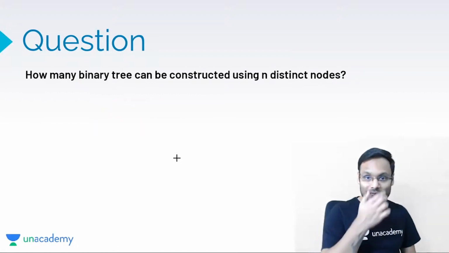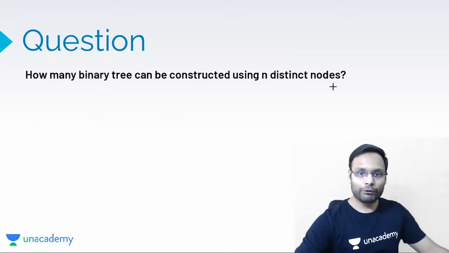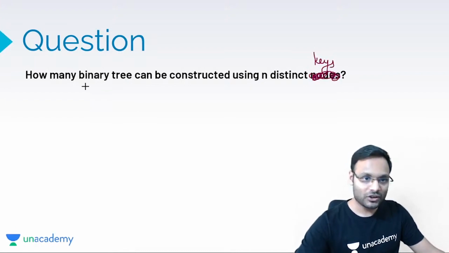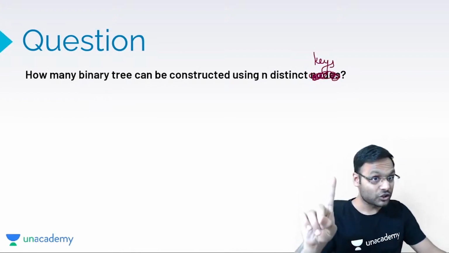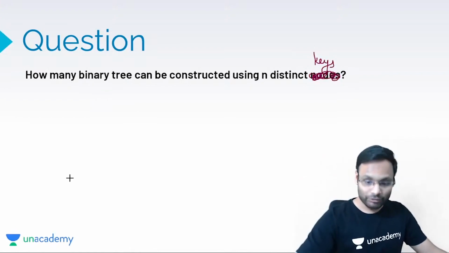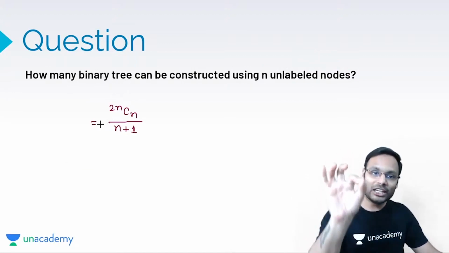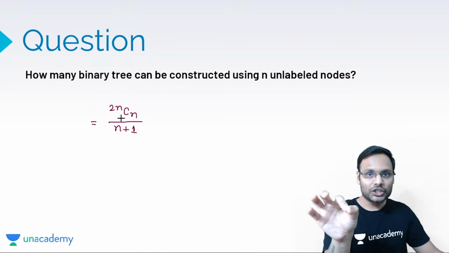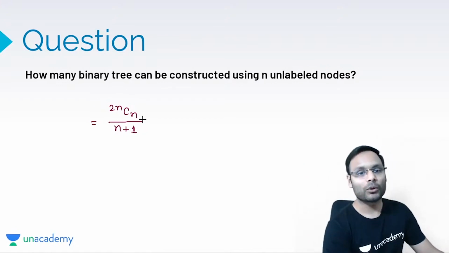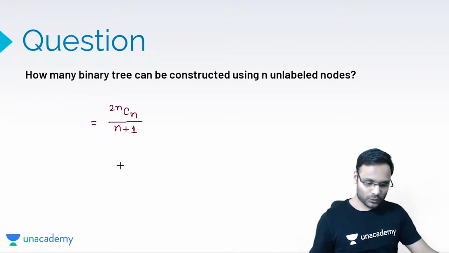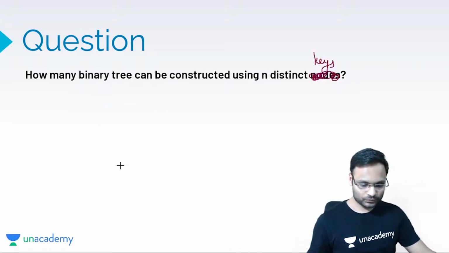Okay. Now if keys are there, if you have n distinct keys, then what will be the number of binary trees we can construct? It's a binary tree, not binary search tree. The answer will be, whatever the unlabeled trees we have, in each tree we have n factorial possibilities.